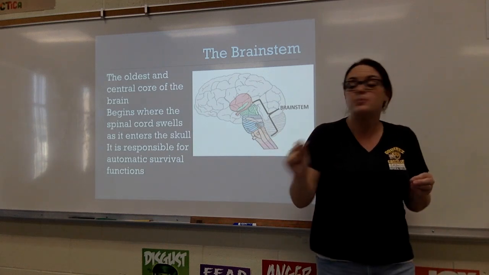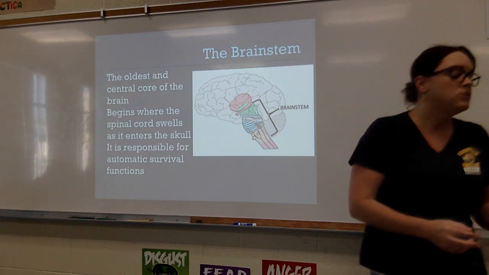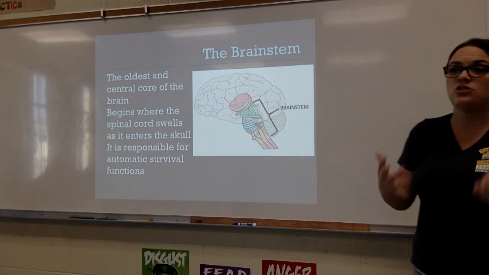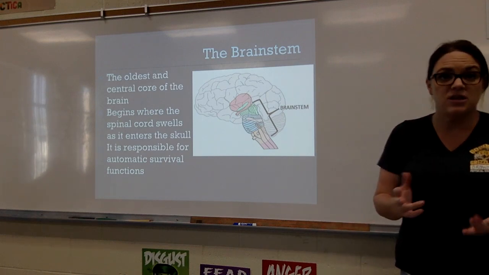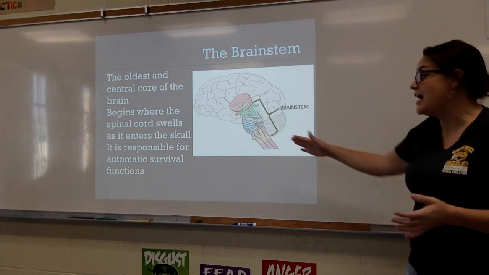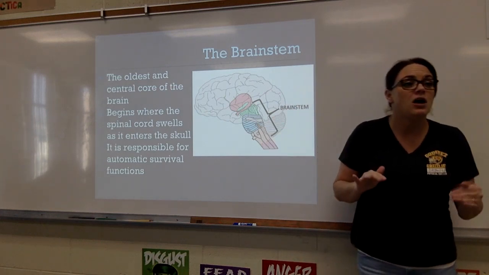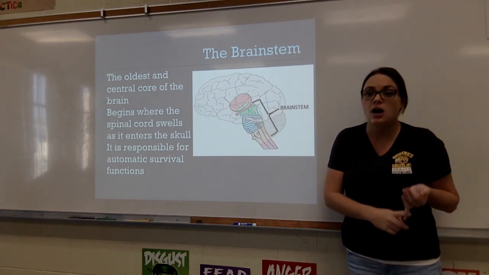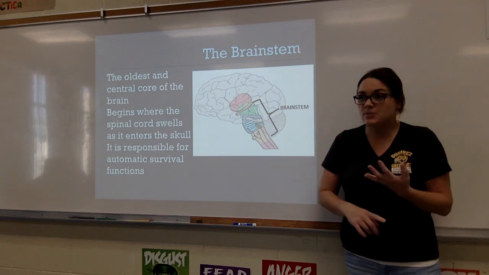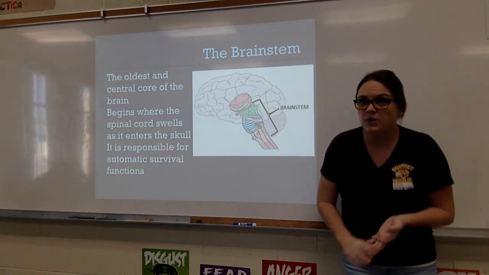And it's responsible for our automatic survival functions. So think about things that we need to survive as a person. So breathing, heart rate, stuff like that, your brain stem is in charge of. Lots of animals also have a brain stem. Your dog has a brain stem. Apes have a brain stem. Dolphins have a brain stem.